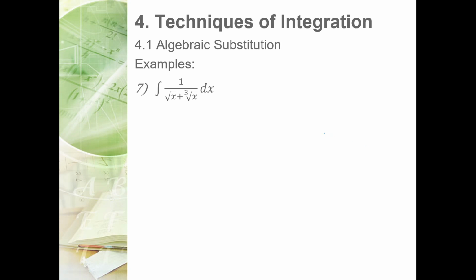So again, the aim of your z substitution is for you to eliminate all the radical expressions. For example, if we try to eliminate the square root, we won't be eliminating the cube root, right? If we let z be equal to the cube root function, we won't be eliminating the square root function.